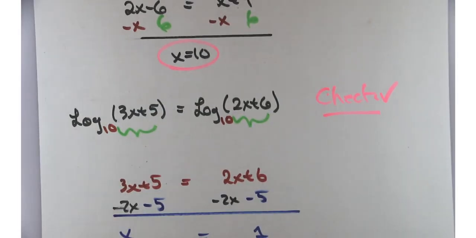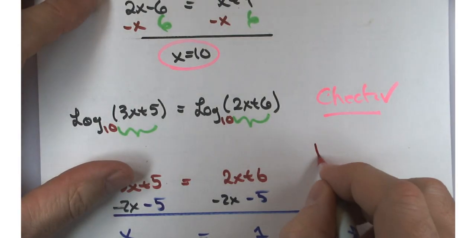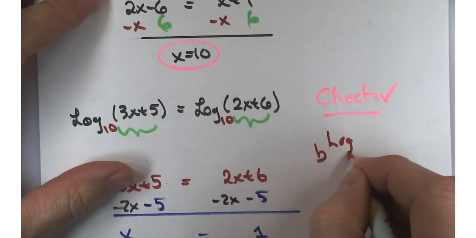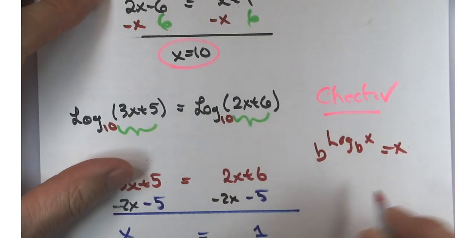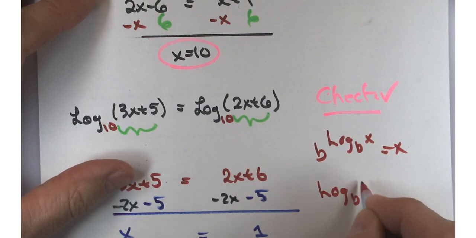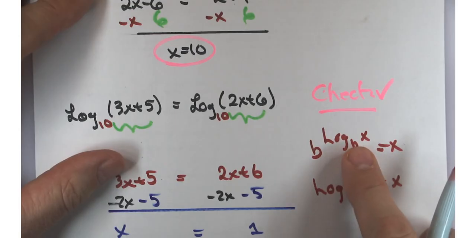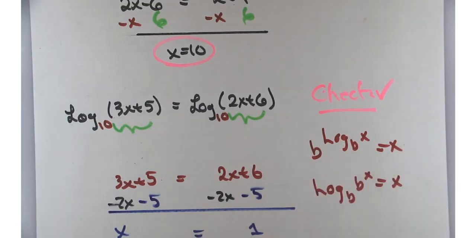It's one of the properties that you had with logs, one of the inverse properties. We had b to the log base b of x equal to x, and a similar property, log base b of b to the x equals x. When you have an exponential function to a power of a logarithmic function, and they share the same base, then those things cancel each other out.